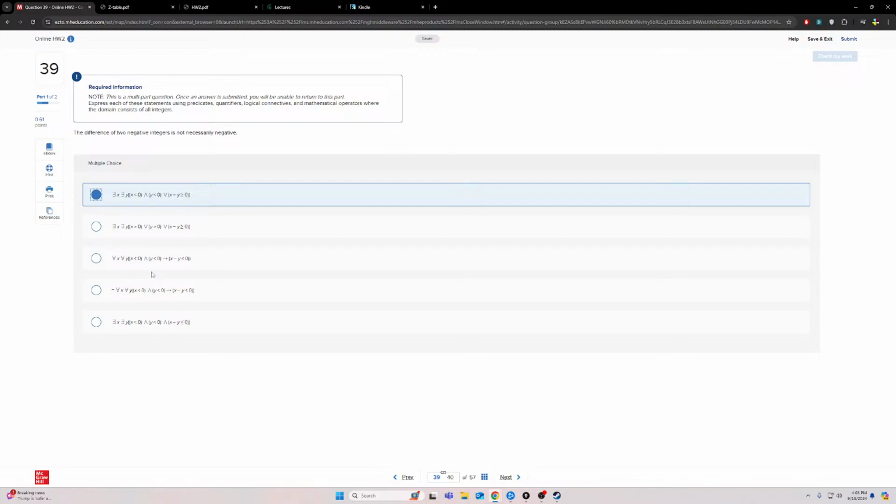I feel like that's not logically intuitive. For every X and every Y, when X is negative and Y is negative, if X is true, then this must be true. No, it's not saying that all X and Y's are negative.